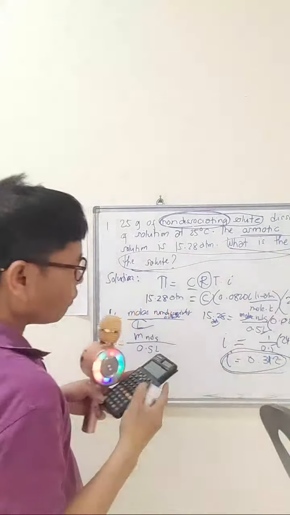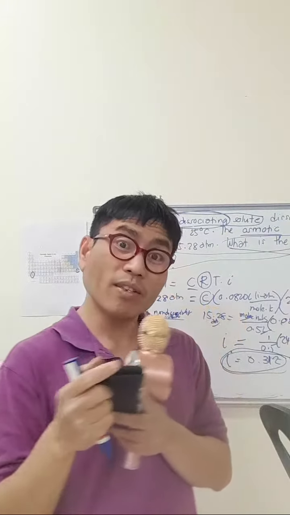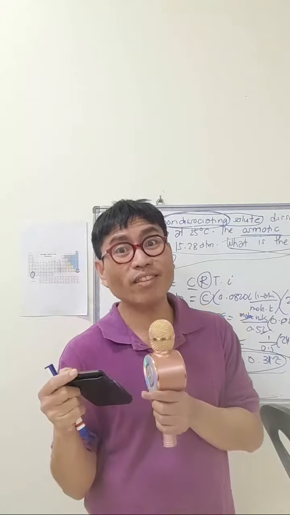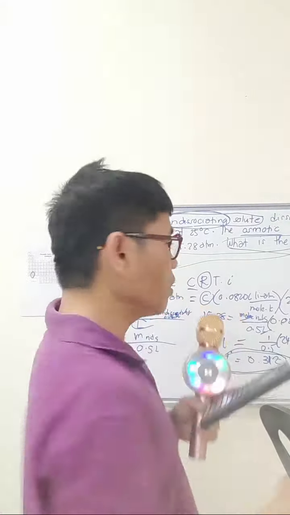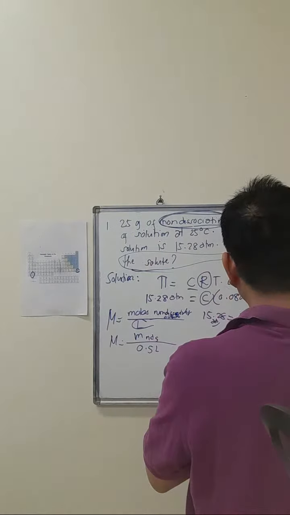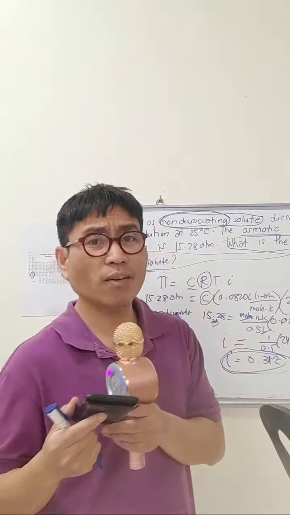We assume that it will dissociate, because it will still dissociate since there's still a point something. So the unit for that is mole of ion. Why? Because of the definition of the colligative property.